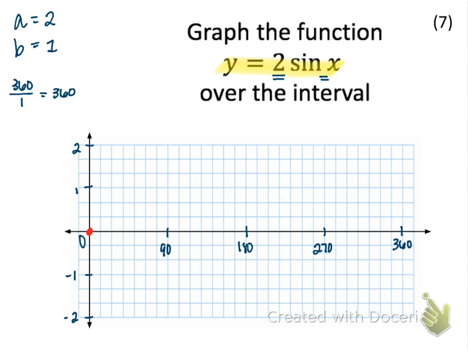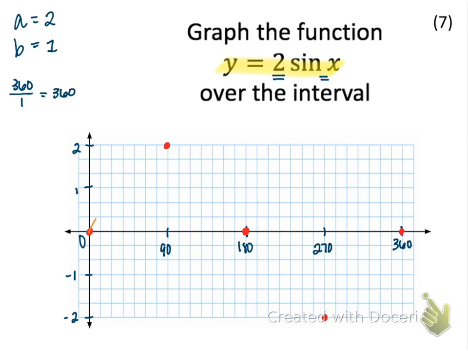However, since our amplitude is 2, at 90 degrees we are going to go all the way up to 2. And then our pattern says go back to 0 for sine at 180 degrees. For 270 we're going to drop down because our amplitude is 2. We're going to drop all the way down to -2. And we come back up to 0 at 360 degrees.